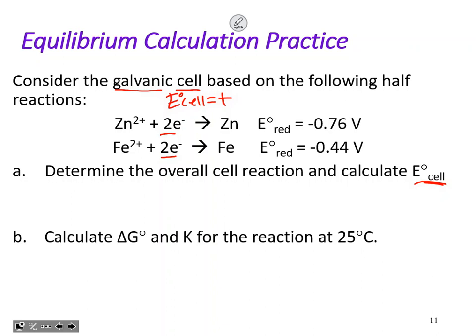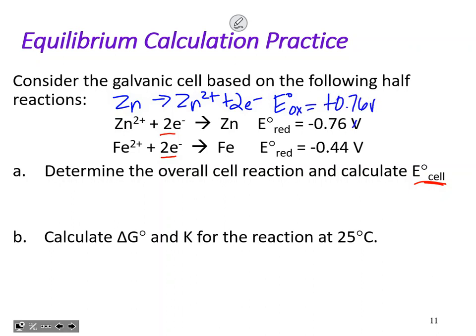Yes, we want to flip the first one. So that's what I'm going to do here, I'm going to flip the first one. So this is going to be Zn going to Zn2 plus and the 2 electrons. Now this becomes E-ox and it's positive, like so.